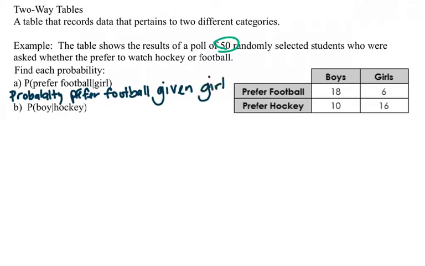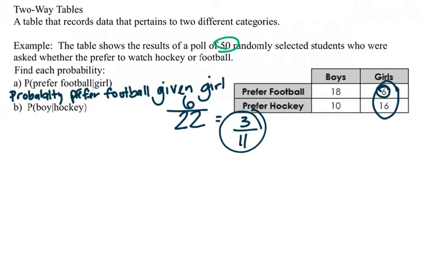So first I need to figure out how many girls you have. You have 6 and 16. So if you add that together, that's 22. So out of 22 girls, now we're going to look at how many prefer football. And there are 6 of them. So 6 out of 22, which reduces to 3 over 11.